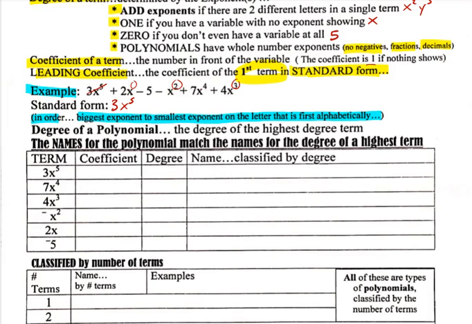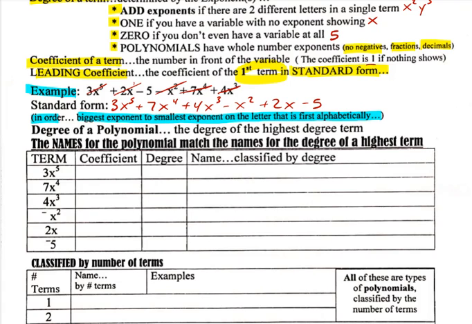Then I look for the one for the 4. There it is. It's going to be plus 7x to the fourth. Then the next one is a 3, plus 4x cubed. I have a 2 here, minus x squared. This one here is just going to be a coefficient of 1 because nothing shows. So plus 2x. And the last one is a minus 5.